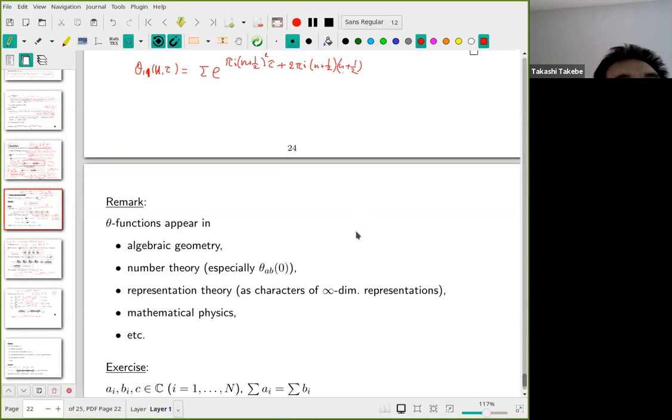But actually, theta function has more important fundamental meaning. For example, in algebraic geometry, theta functions are used to, for example, embed a compact surface into projective space.